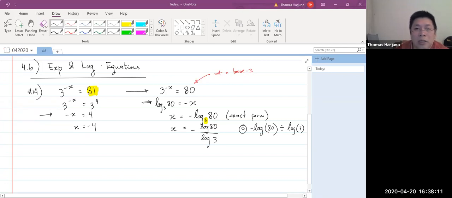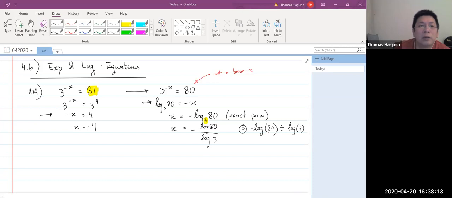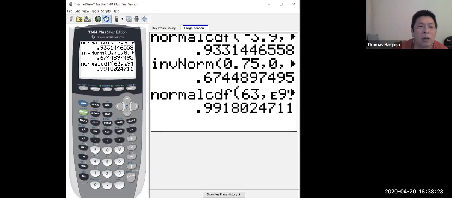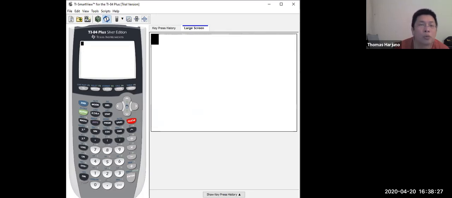Now, let me see if I can share with you. This is my TI-84 in my computer. Now, suppose I want to compute that negative log base 3 of 80. I will punch negative and then log.